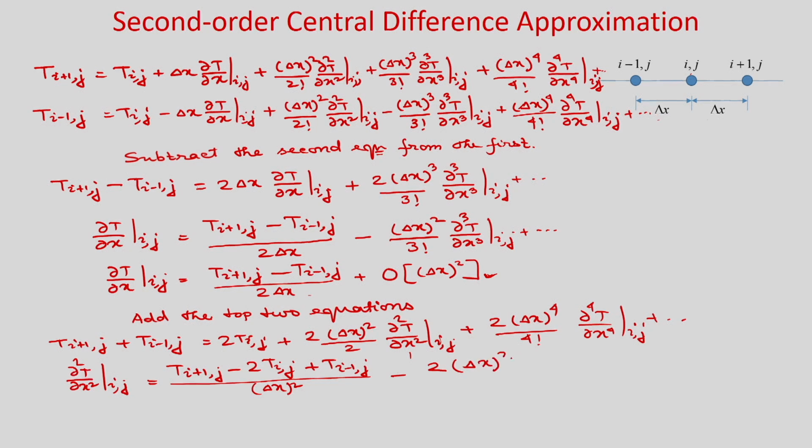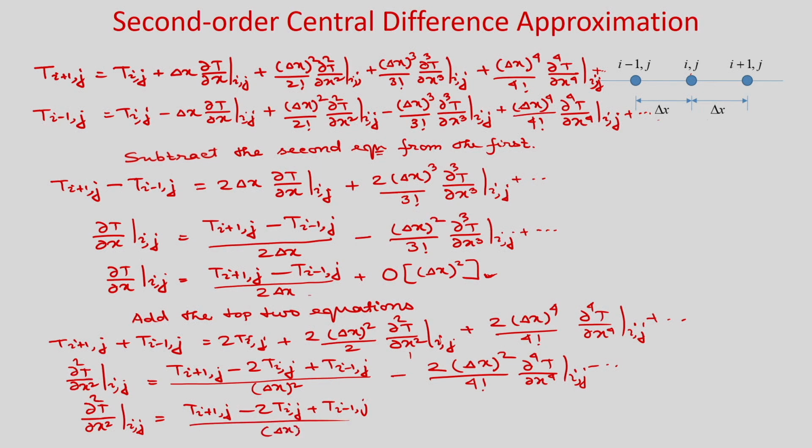So, it will be delta x square by factorial 4 del 4 T by del x 4 at i j and so on. So, you see the finite difference approximation of this second derivative about point i j is (T i plus 1 j minus 2 T i j plus T i minus 1 j) divided by delta x square, and what is the order of accuracy? It is second order.